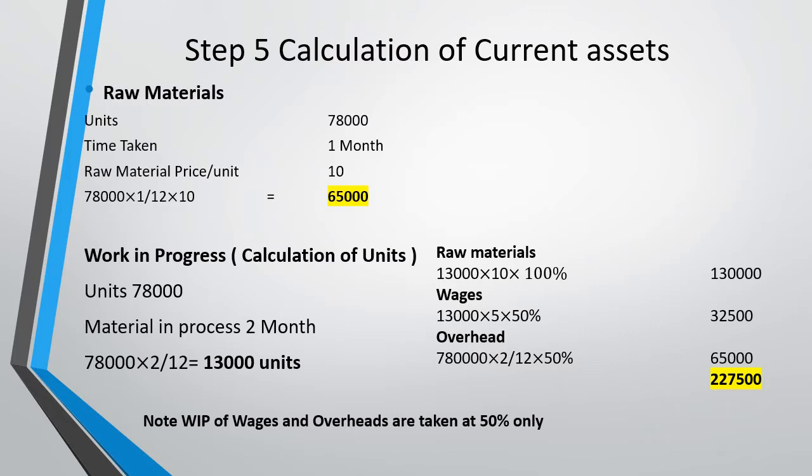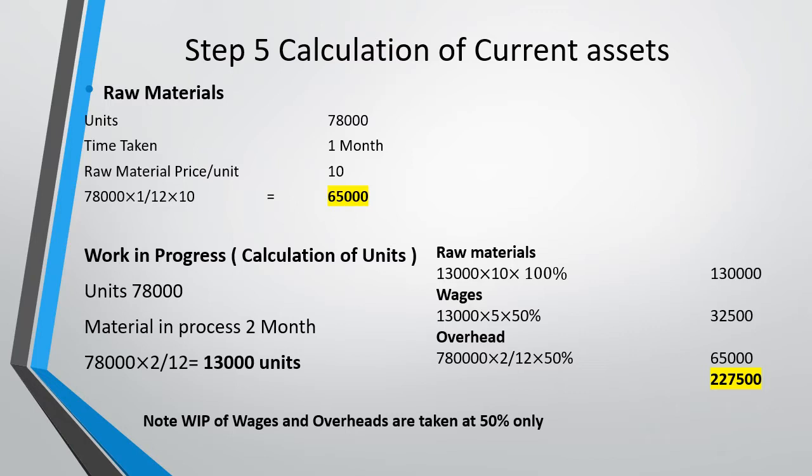So to calculate the number of units, it is 78,000 into 2 divided by 12. You get 13,000 units. So the first step in work in progress is to calculate the number of units. The next step is to calculate the raw material work in progress. Your raw material is 13,000 into the value of raw material per unit, 10 rupees, into 100 percent.